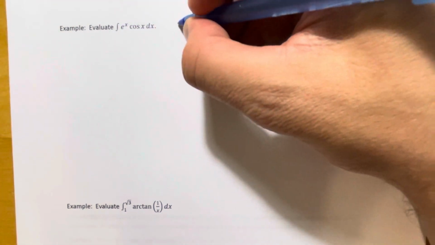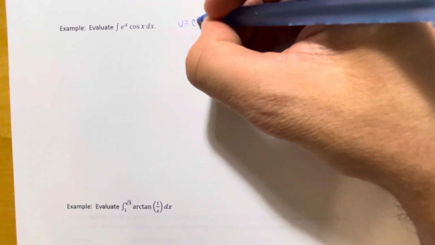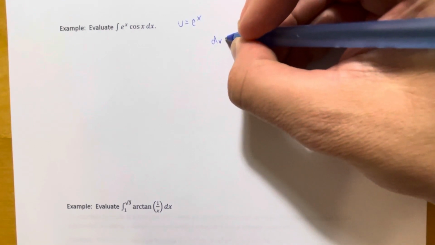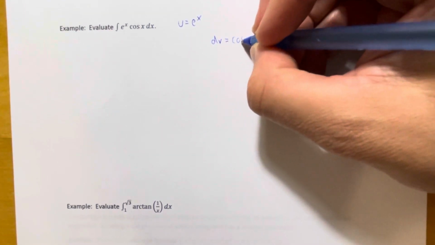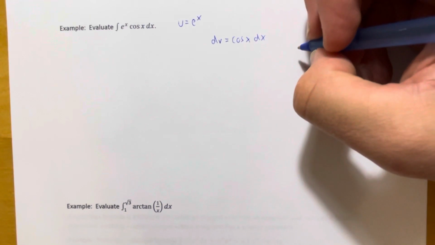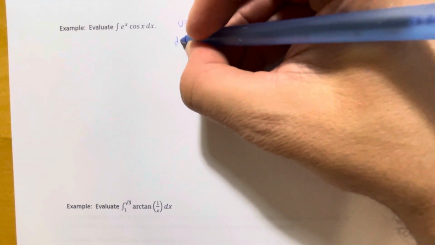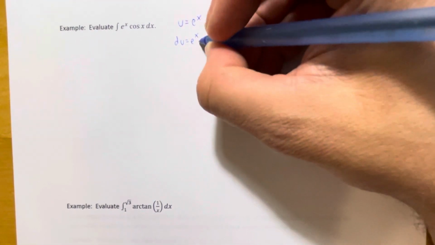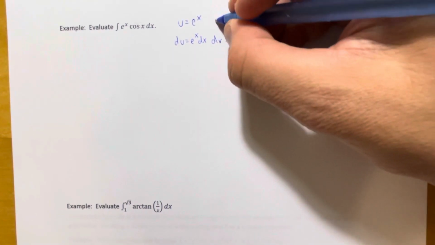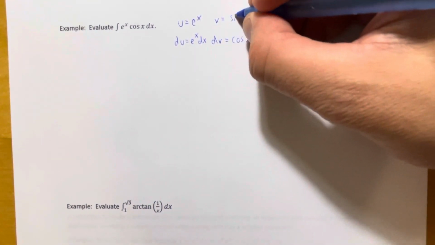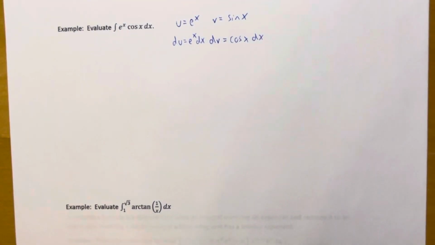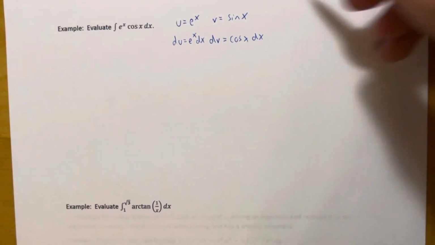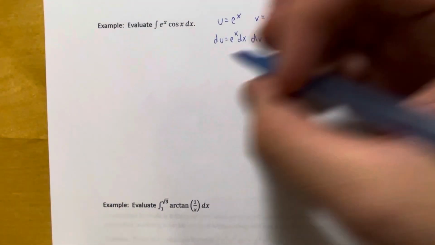Well, we're just going to go with a hunch. I'm going to say let's let u equal e to the x, and let's let dv equal cosine of x dx. So this would mean that du is also e to the x with a dx attached. This v here would be sine of x, is the antiderivative of cosine. Now that I've worked all this stuff out, let's set up our integration by parts.